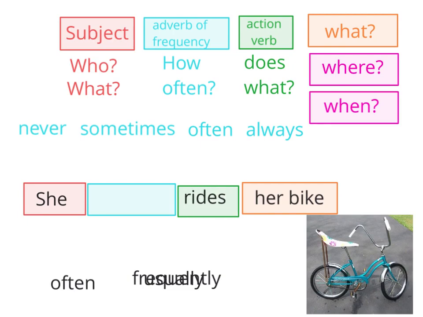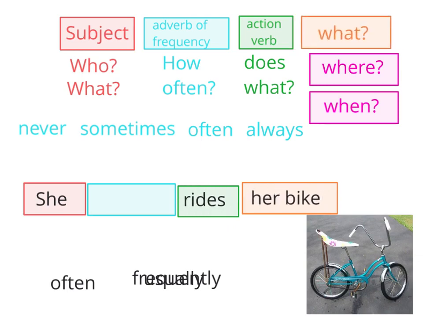She rides, and this one has an object at the end because we want to know, what does she ride? She rides her bike. Now we want to know, how often does she ride it? We could say, she often rides her bike. That means she rides it a lot.